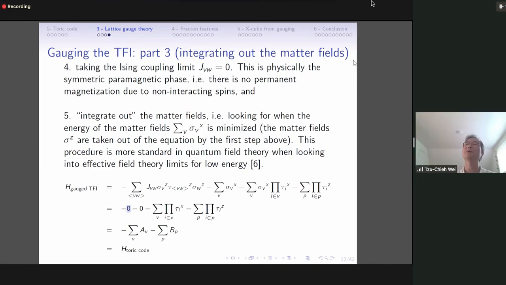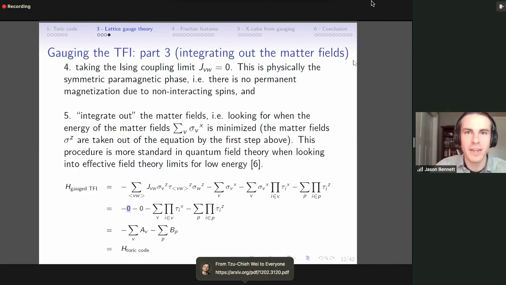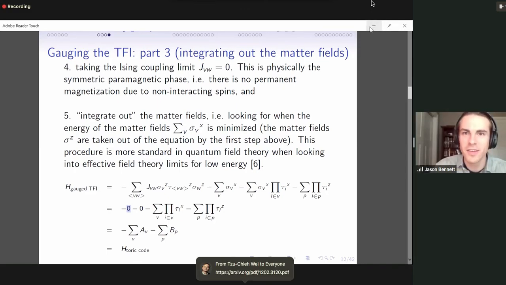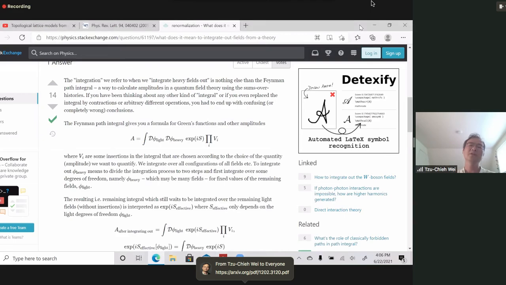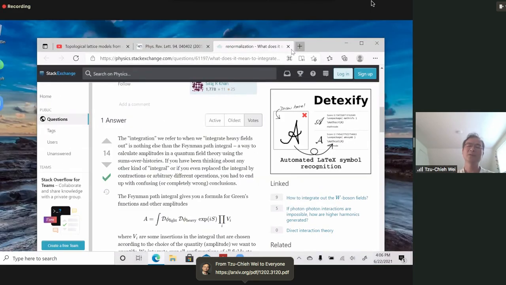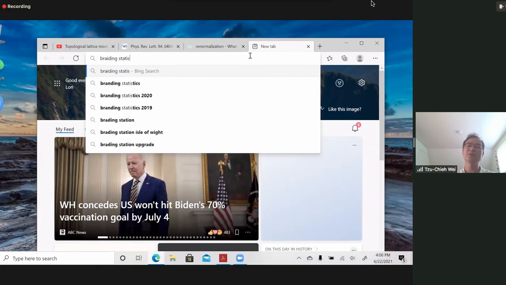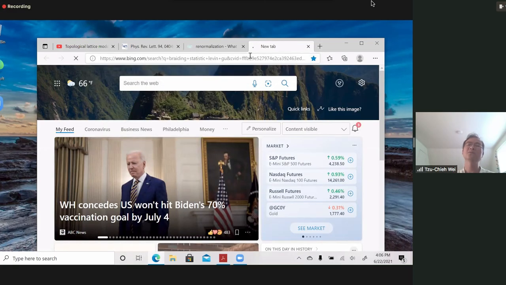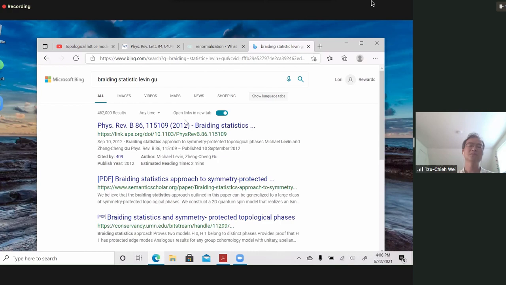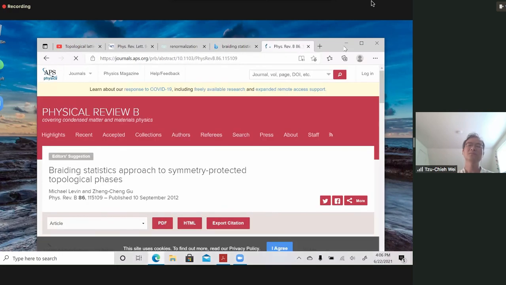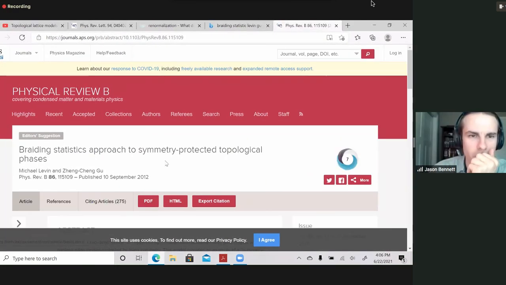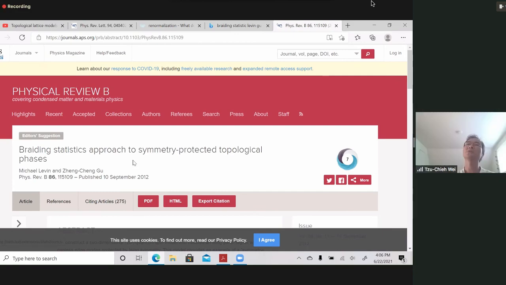There is a paper by Levin and Gu in condensed matter, the braiding statistics one. I think they didn't integrate out. They have some duality between the spin model and the string model. I posted it in the chat.